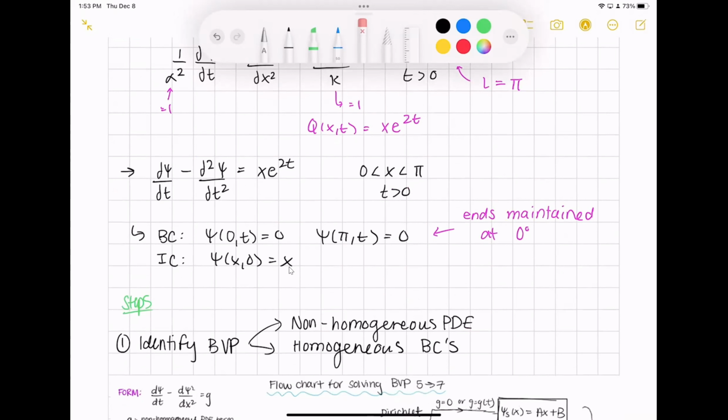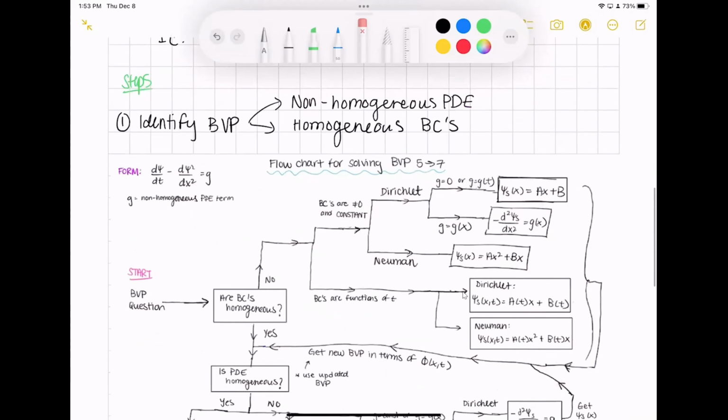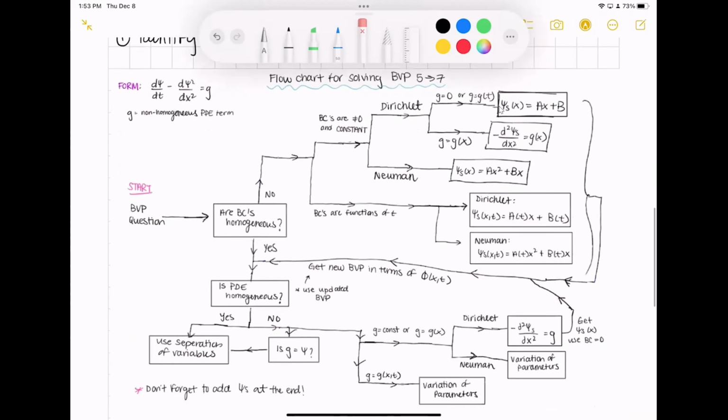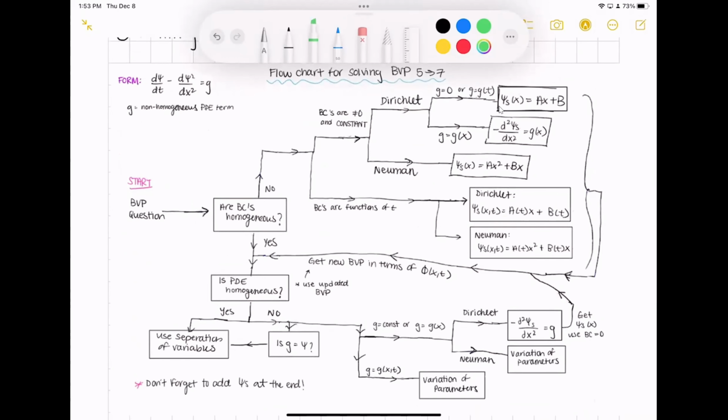Now, in order to solve this type of BVP, we're going to use that flow chart. So first, we know that we have a non-homogeneous PDE and we have homogeneous boundary conditions. So if we just take a look, we start with our BVP question. Are the boundary conditions homogeneous? Yes, they are. Is the PDE homogeneous?